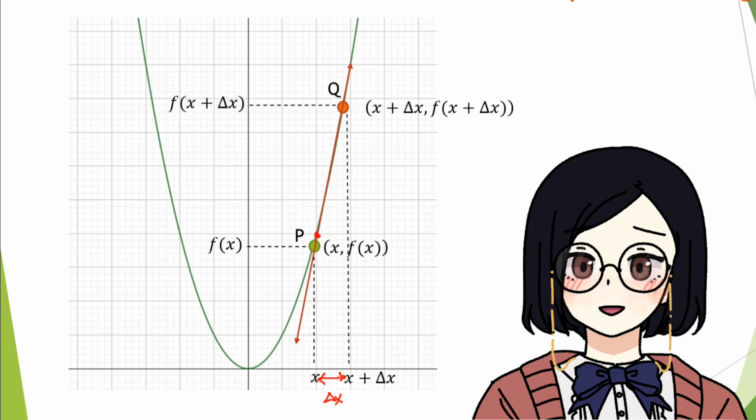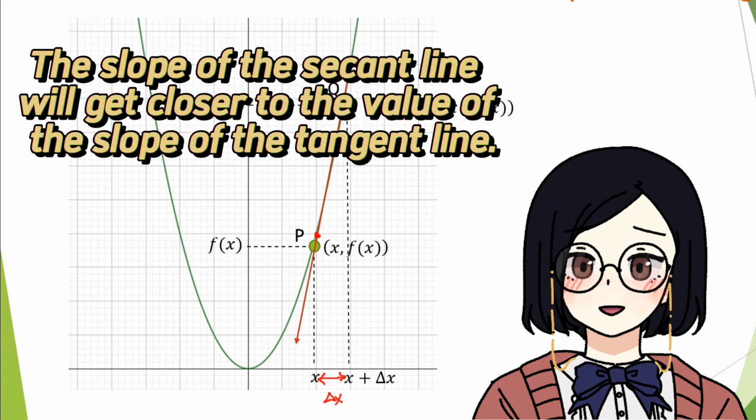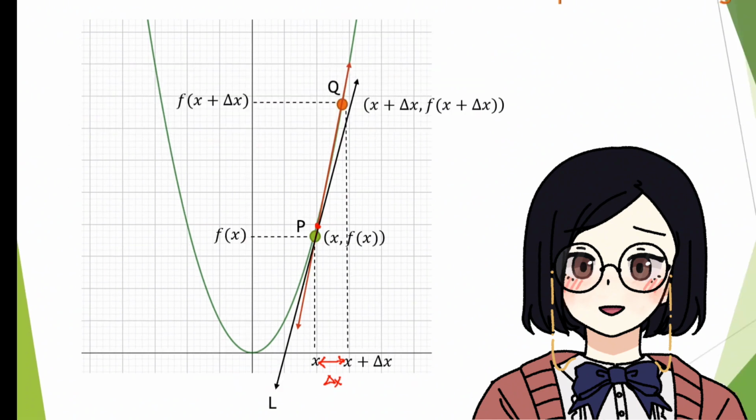Then delta x becomes arbitrarily small, and note that the slope of the line PQ will be closer and closer to the slope of the tangent line. Note that point Q may be located at the lower left of point P. So it's like getting the limit of the function as x approaches the given point.